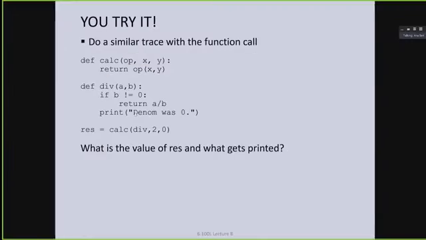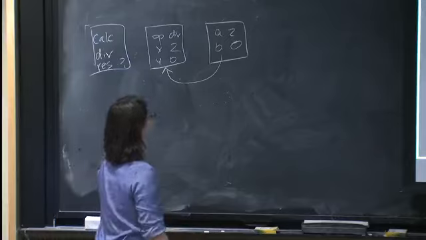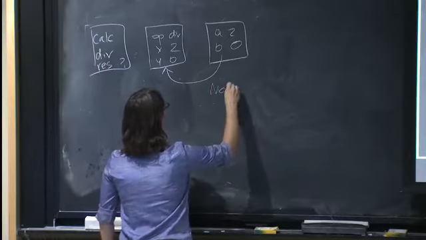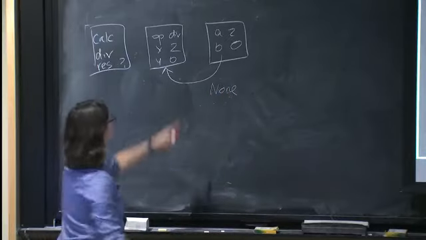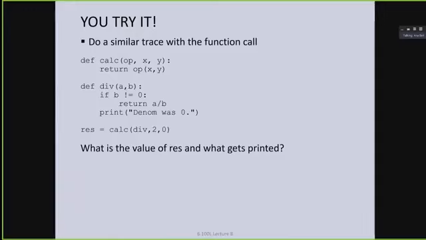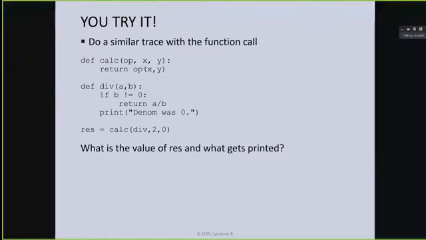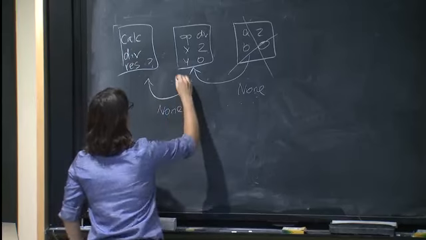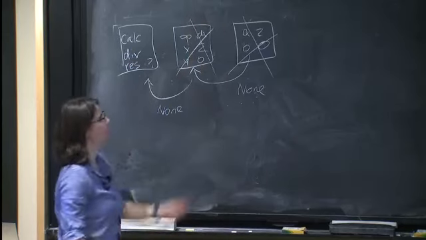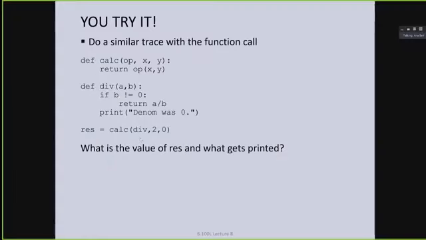And what's div returning? None. Perfect. So div returns none here to calc. And then div is gone. And then none gets returned from calc here. And then calc is gone. And all I'm left with is res equals none, exactly, the return of calc.